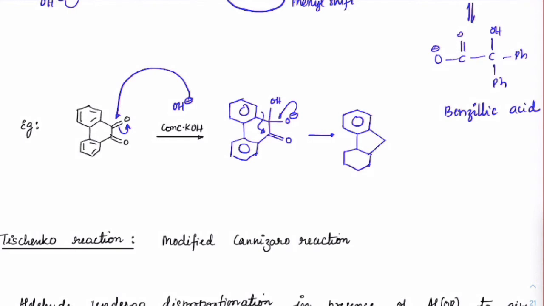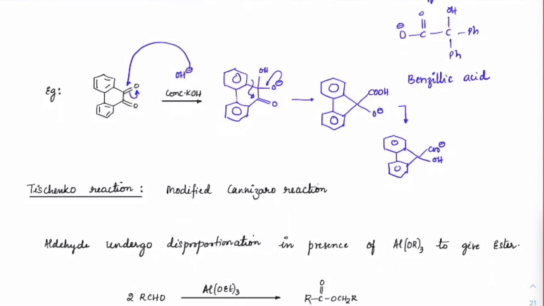This becomes a 5-membered ring here with the last carbon getting COOH, and this is getting O minus. This O minus will take away H plus and finally we'll have the product, CO minus and OH. This is the final product.